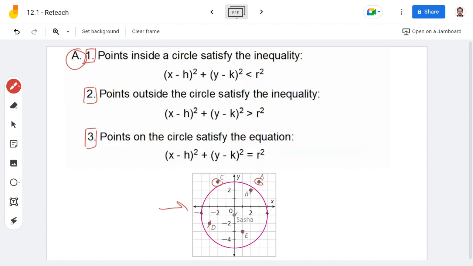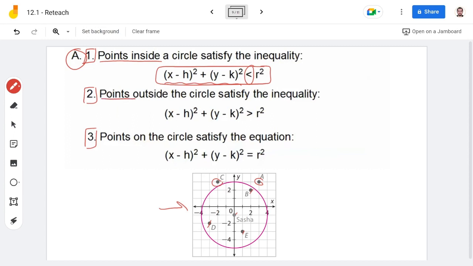There are 3 types of inequality. If the point is inside the circle, it satisfies this inequality: the distance from the center will be less than the radius.